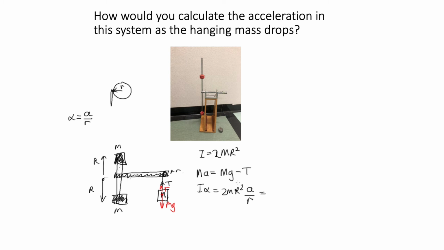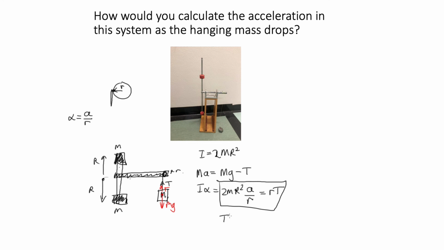And this, according to Newton's second law, is equal to the net torque, and the only force applying the torque is the tension force acting here. So that's equal to lowercase r, because it's acting at this smaller radius, times the tension force. Okay, so let's divide both sides of this by r.